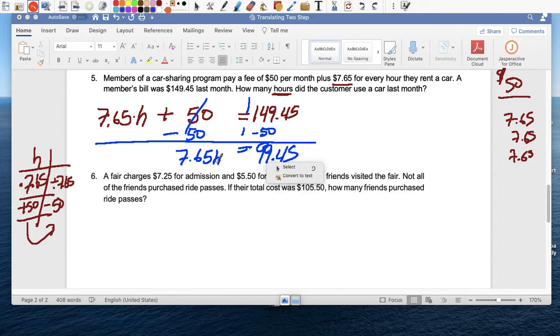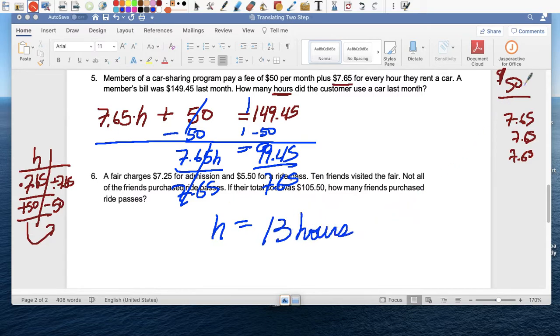And then we're gonna divide by 7.65 on both sides. So how many hours did we rent a car for? Well, 99.45 divided by 7.65 equals 13 hours. So you paid $50 a month and then 13 hours.